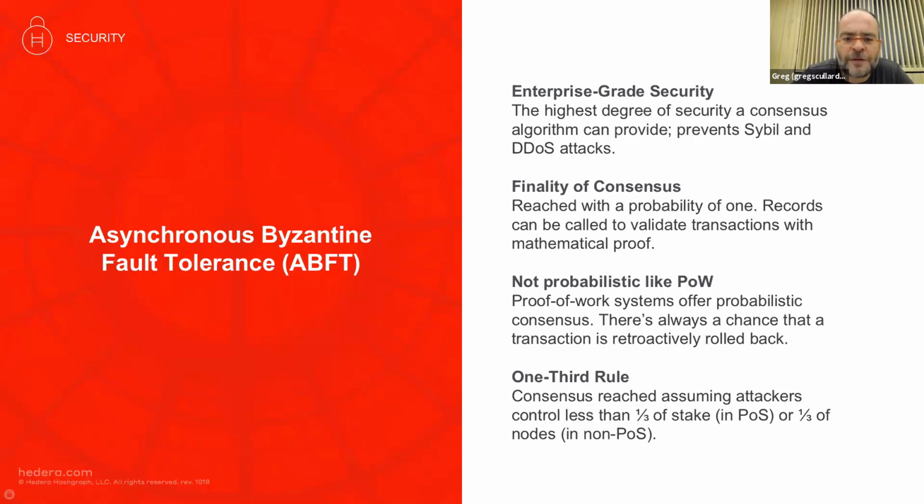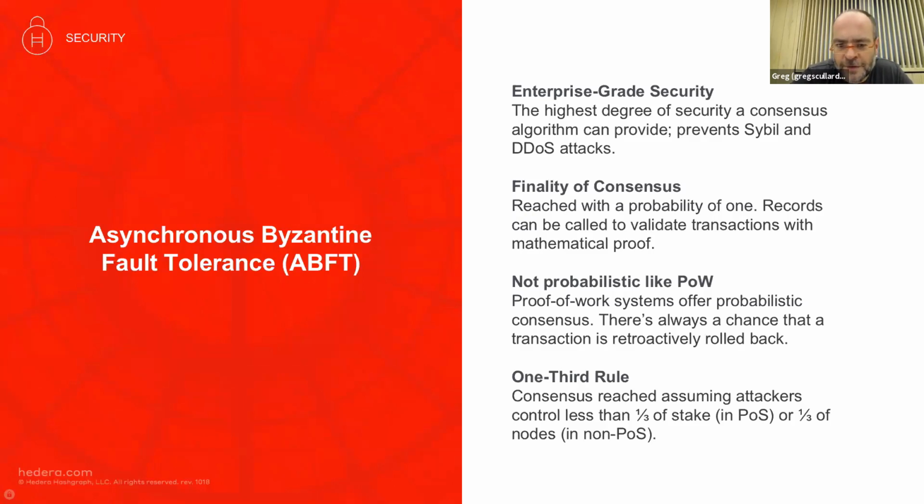Whereas Hedera Hashgraph is 100% final. Once you have consensus, it's done. That's it. It will not change. We don't have to rely on a number of confirmations of blocks. Within 3 to 5 seconds of your consensus being achieved for a given transaction, it's 100% guaranteed.